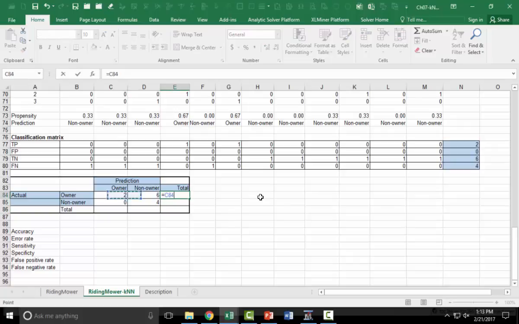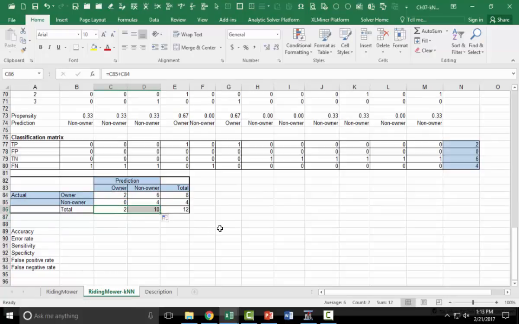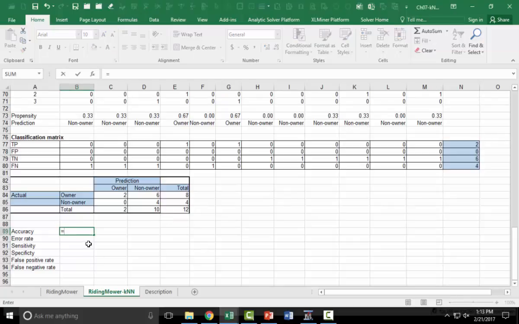Here is our confusion matrix for k equal to 3. So now we can build the measures. So accuracy is what?